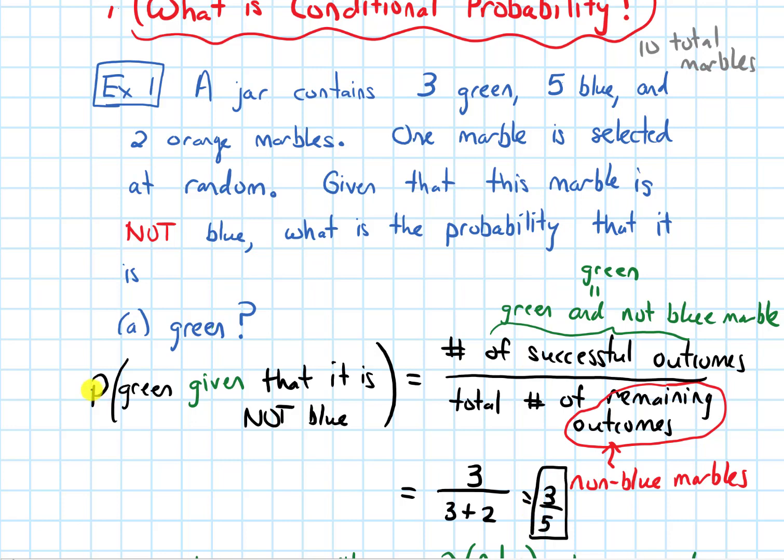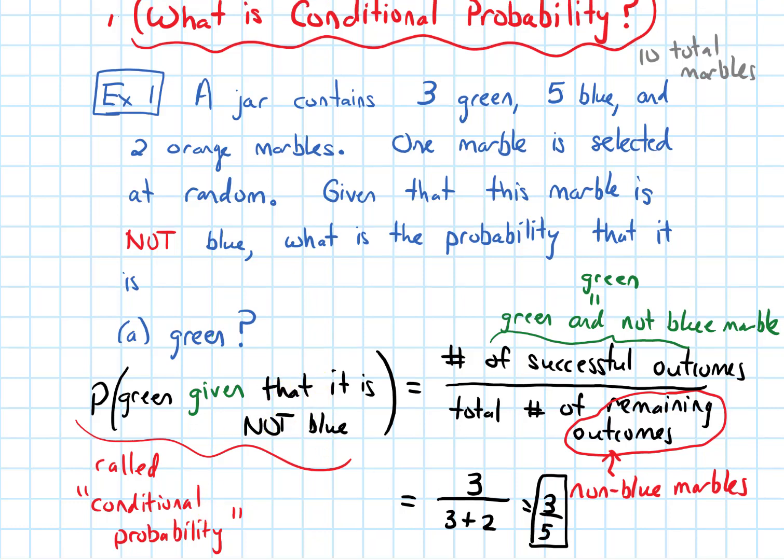So when we have a probability like this, the probability of something given that something else happens, this is called a conditional probability, because we are given a condition that the marble is not blue.